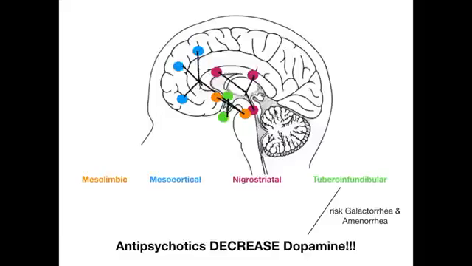So if you've ever had an interaction with anybody who's experienced psychosis, like in the hospital or anything like that, you know that even when we start treating them and their hallucinations and delusions get better, they still have that look on their face where you can tell that they are still experiencing negative symptoms. So truth be told, in the mesocortical pathway, the negative symptoms do tend to stick around, but it would be technically incorrect to say that we're definitely going to worsen them by treating them with antipsychotics. That was just a little clinical aside, but these are the 4 pathways.